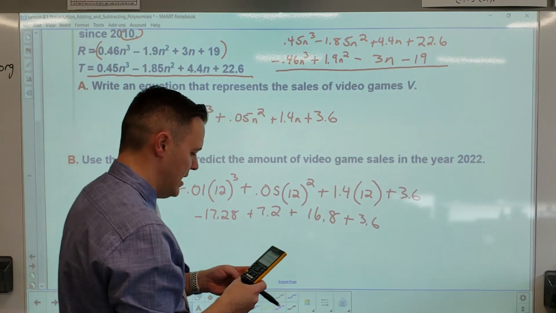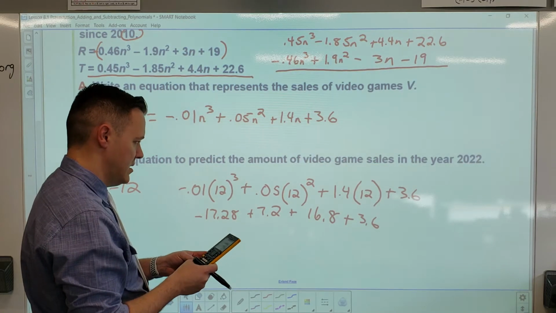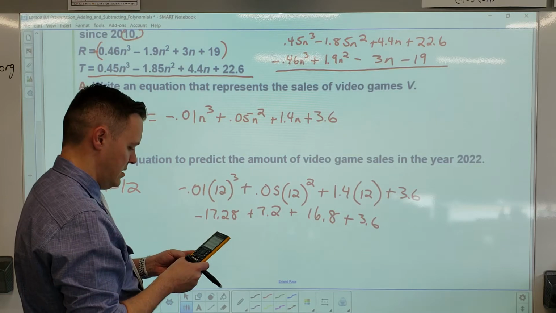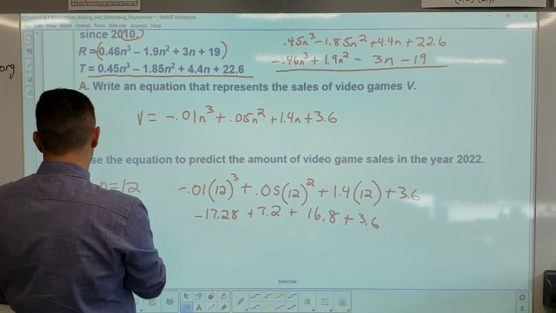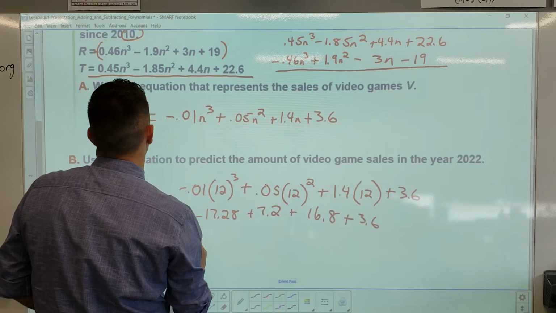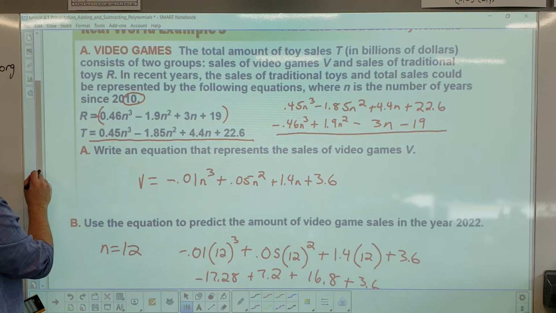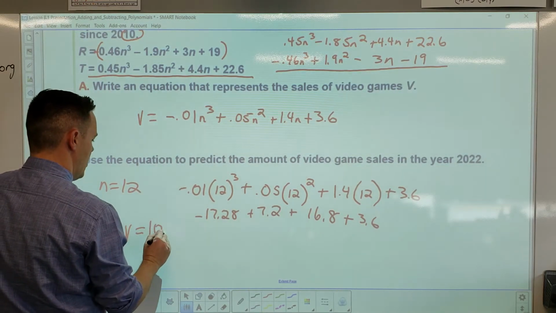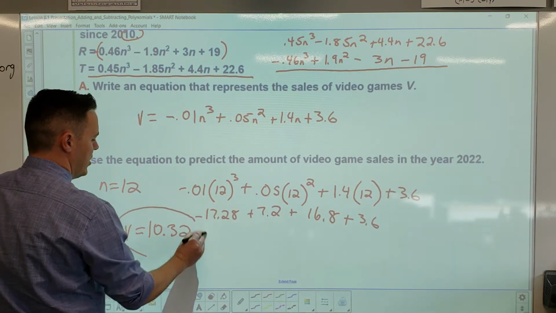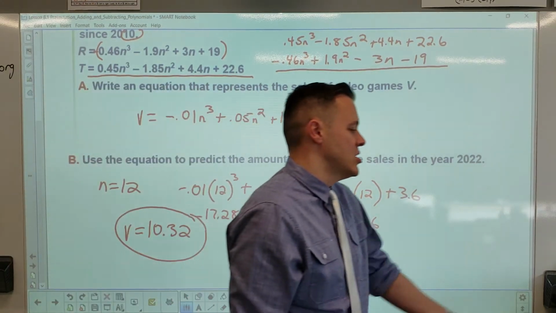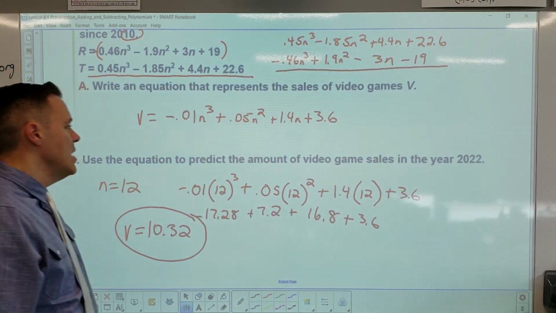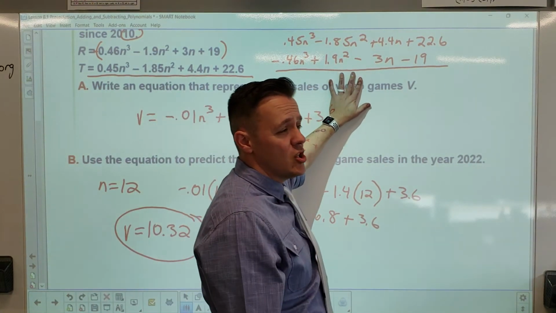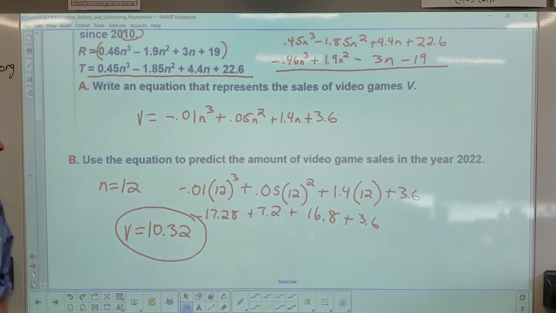So if I added all that together, plus 3.6 plus 7.2 minus 17.28, you should end up with an answer of V equals 10.32. And this is $10.32 billion. So that's the setup for that, okay? Make sure you guys can actually do both. I need you to be able to rewrite an equation, solve it, and then fill in the prediction to see if you guys can do it.